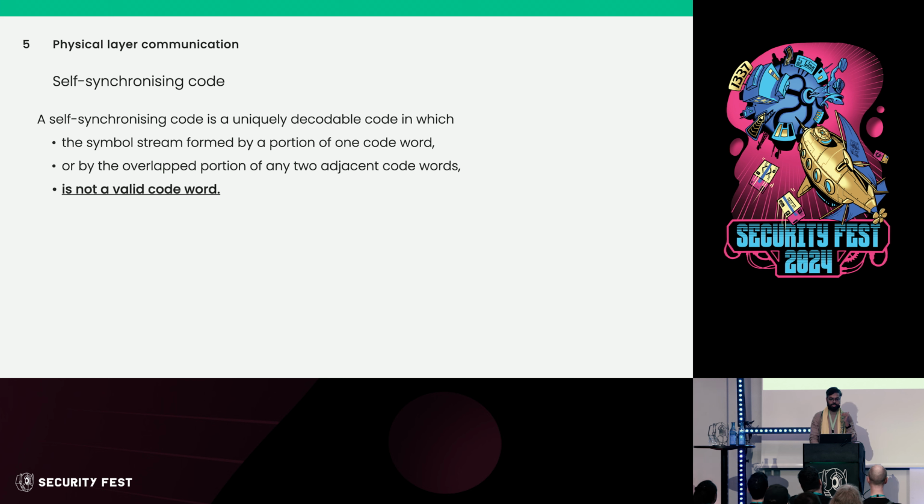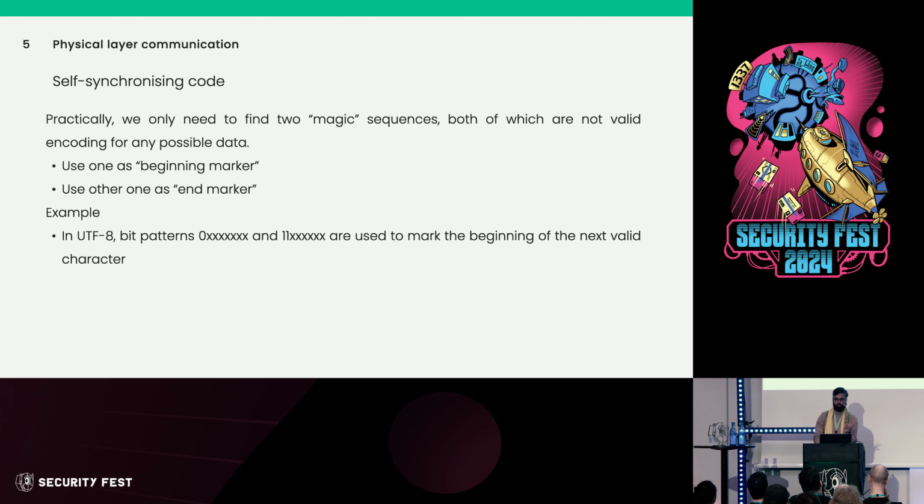So, a self-synchronizing code has a very cryptic definition in computer science, but the basic idea is that you take two magic sequences, okay? And the only condition is that those magic sequences should not translate to any valid data.